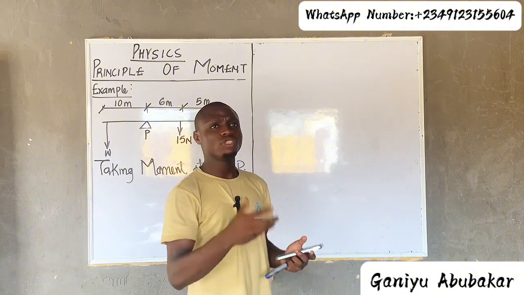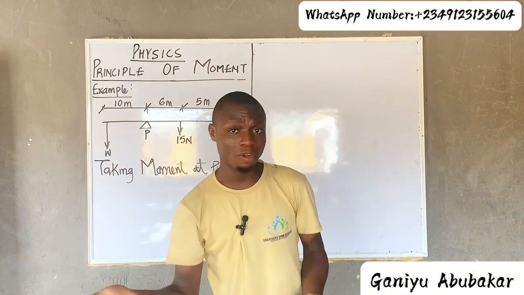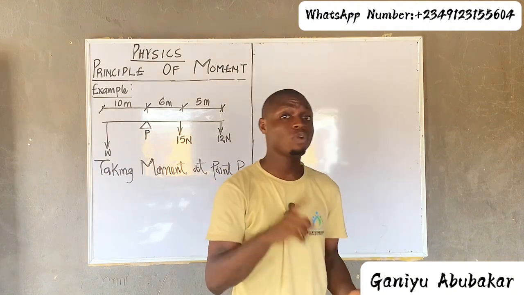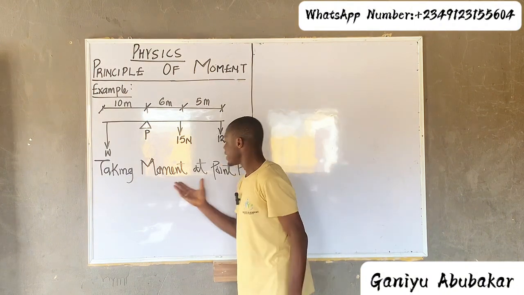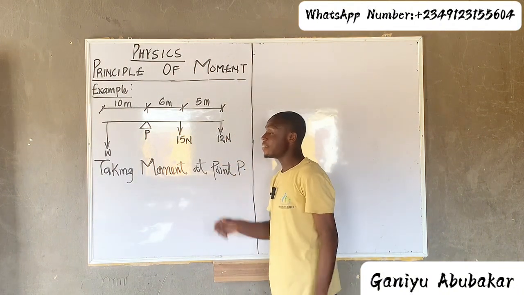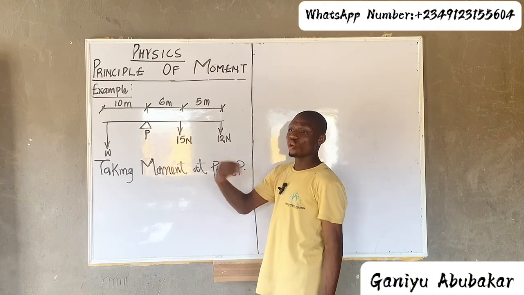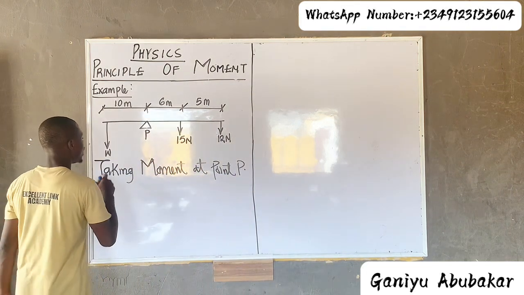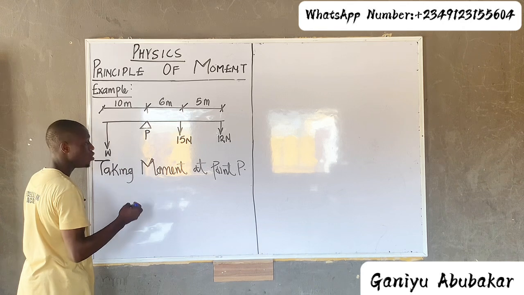If I am to take moment at point P, what did we establish earlier? We said moment is what? A force times a perpendicular distance. Now look up. Taking moment at point P is easy as a first task. Let's identify which one is going clockwise and anti-clockwise first. Now looking at W, if I move W down to this point P, listen up.